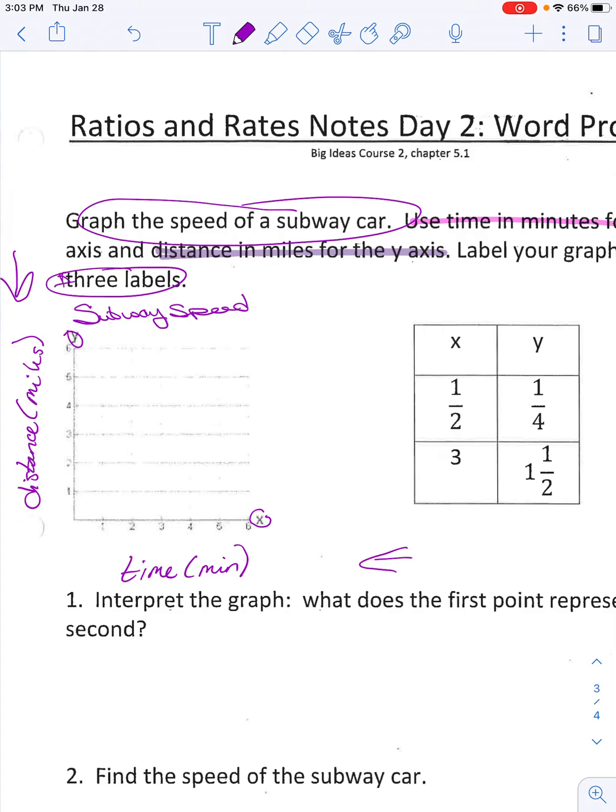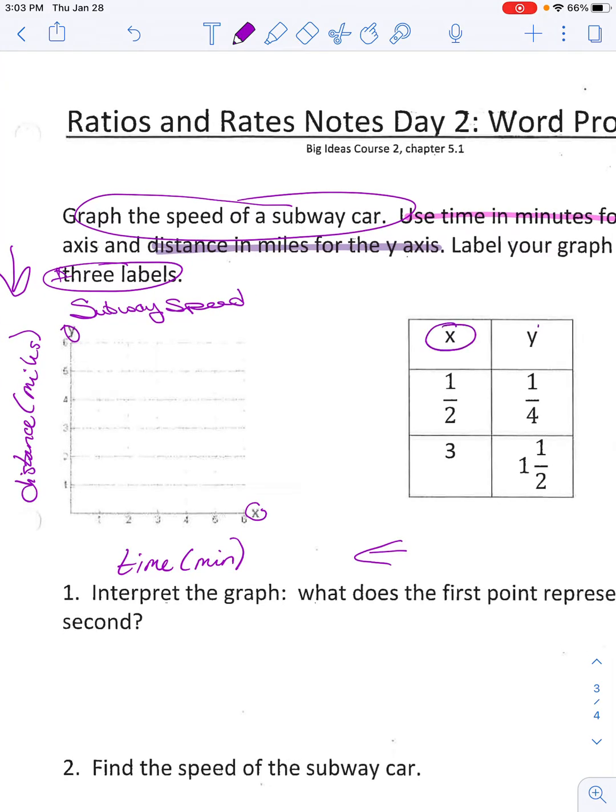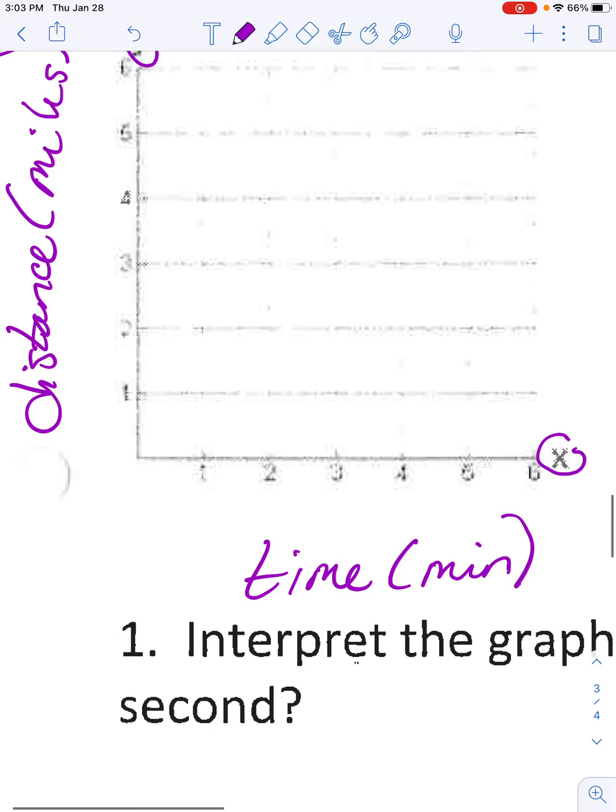Okay, we have got some points to plot. Here's my x, here's my y. The first ordered pair is 1/2, 1/4. 1/2 is the time in minutes. So at half a minute, it has traveled 1/4.